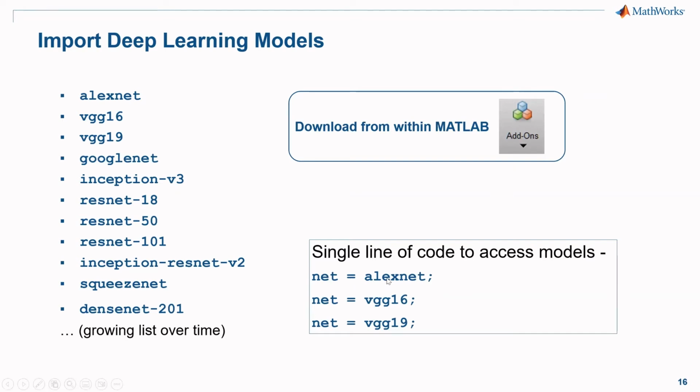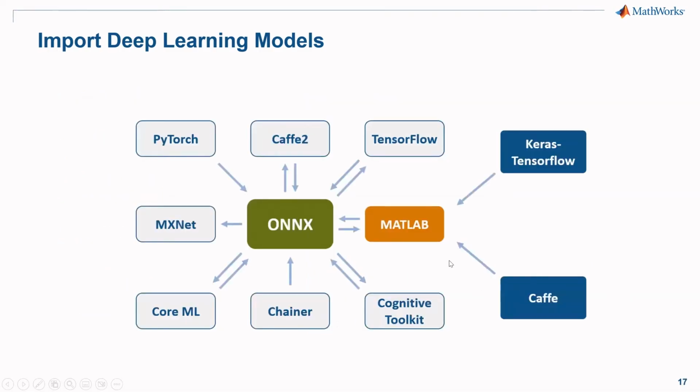You just assign the models to a variable, and then you can go from there. You're not limited to the MATLAB models. You can also bring in models from other environments, either through the ONNX interface or directly, some can be directly brought into MATLAB.